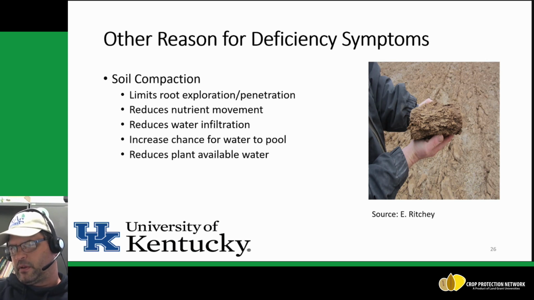Plants are not able to take it up, and they don't have as much water to help them grow. It's just kind of a snowball effect. It increases the chances for water to pool and then reduces overall plant available water. So you can have nitrogen, potassium, phosphorus deficiency showing, but it might not be due to low nutrient availability or low nutrients present.